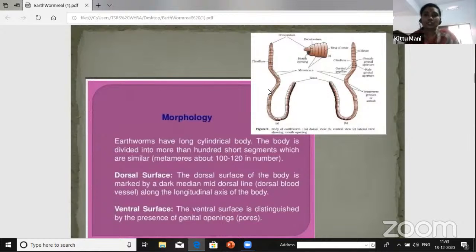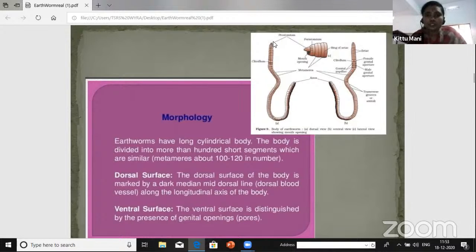Here, this is the dorsal view and this is the ventral view. For example, if you imagine this as an earthworm, this view is called the dorsal view and this is the ventral view. These are the lateral views, meaning the sides. On the dorsal surface, we observe the dorsal blood vessel, the dark median portion.